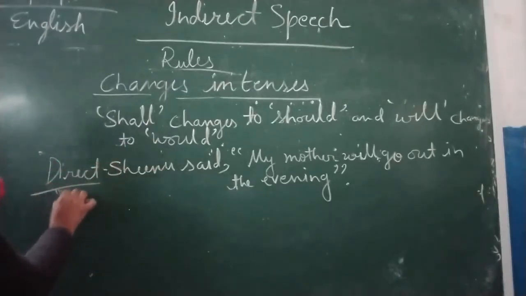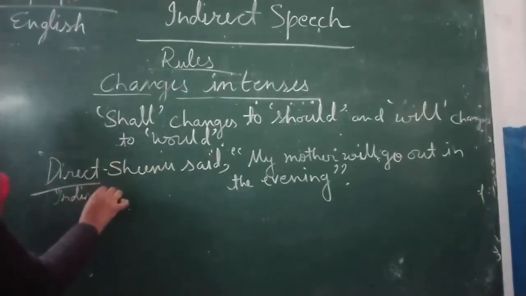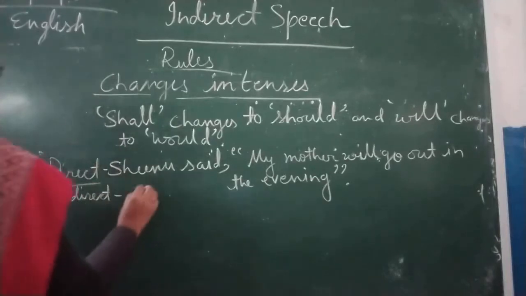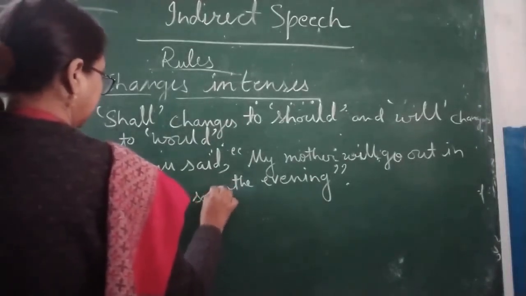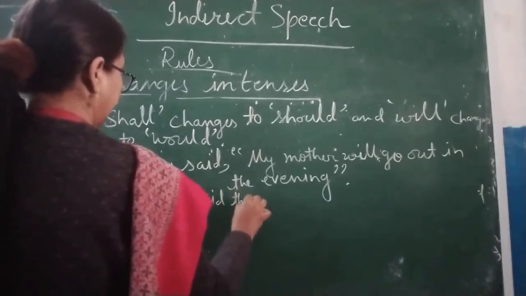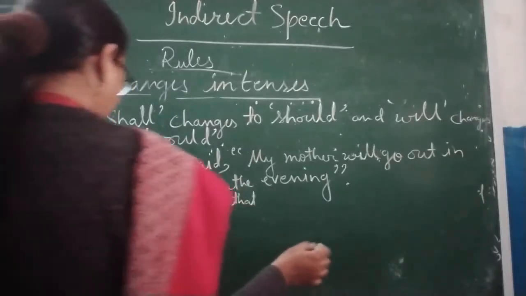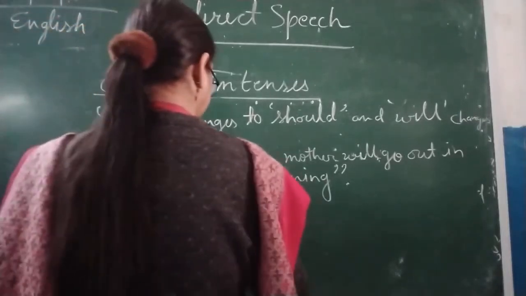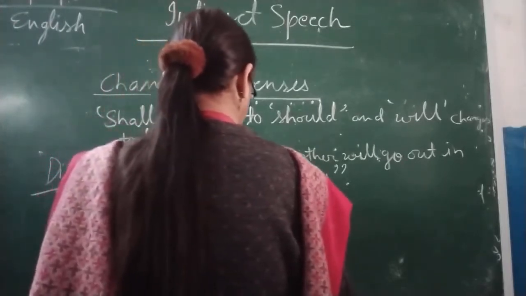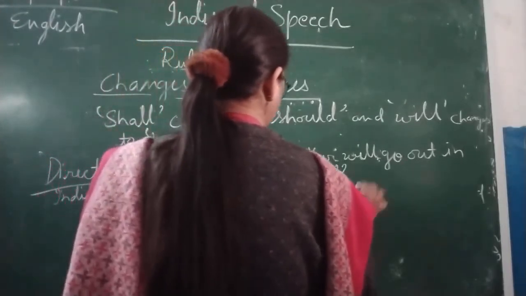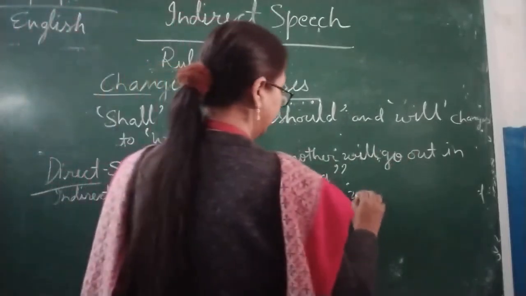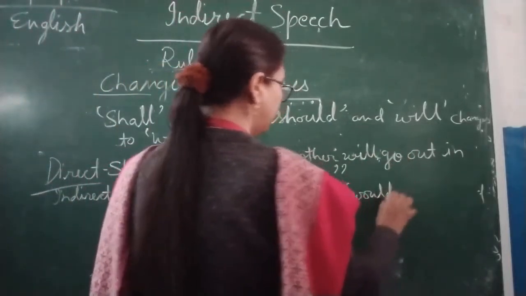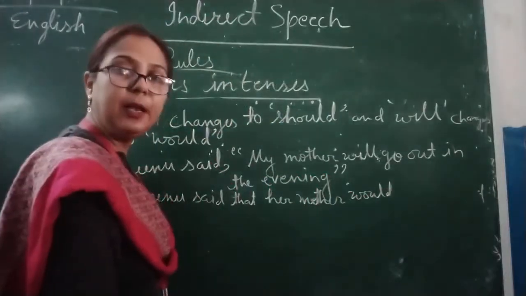Okay, now we are going to write in indirect speech. Sheenu said that her mother, now what is the rule? Will becomes would. So her mother would we are going to use in place of will.